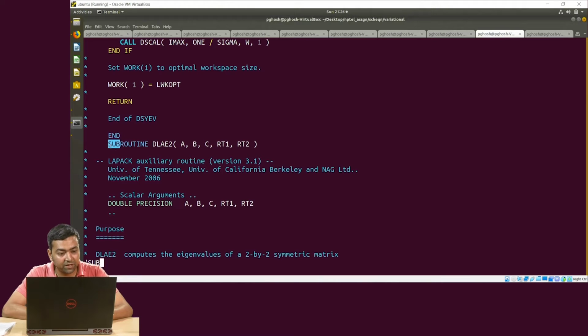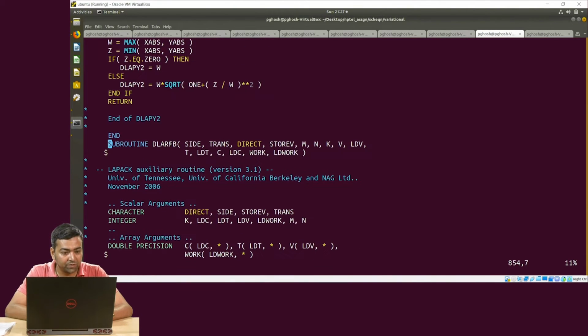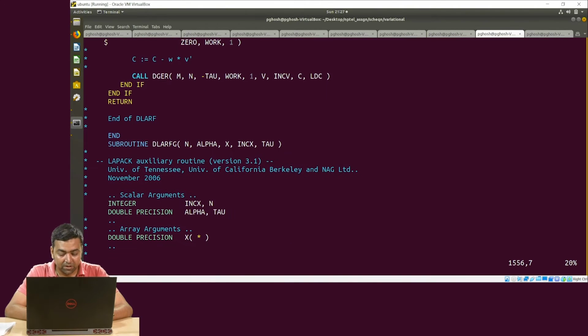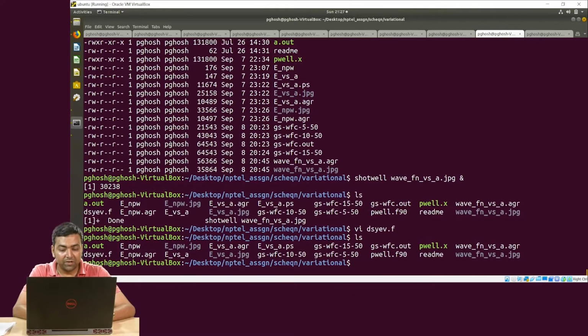So, for example, here it requires this particular subroutine. Then if I go down, it will require another subroutine, and so on and so forth. These subroutines are part of the BLAS library. So, you need to have a pre-installed BLAS in your machine in order to compile this code.